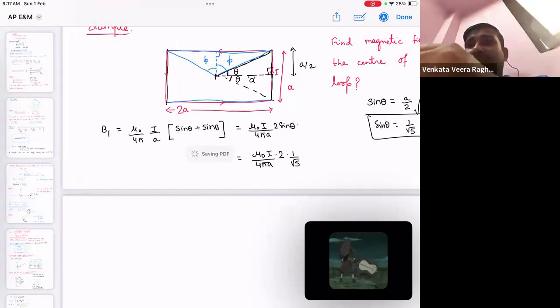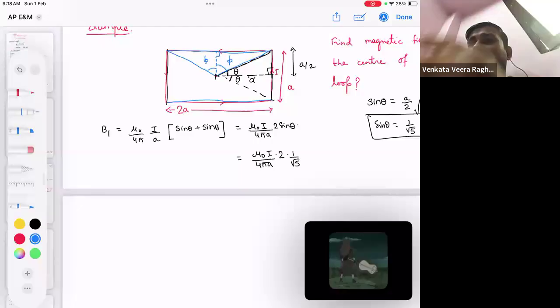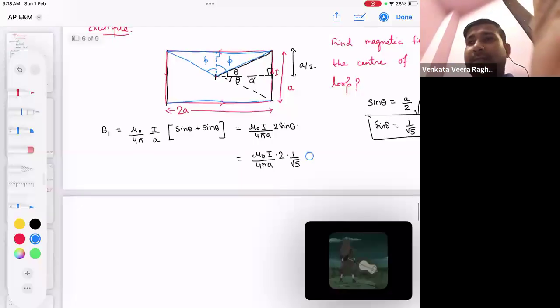Acha, what is the direction coming? Keep the thumb in the direction of current and fingers where you want to calculate. The palm is facing out of the plane. So here the magnetic field is out of the plane.